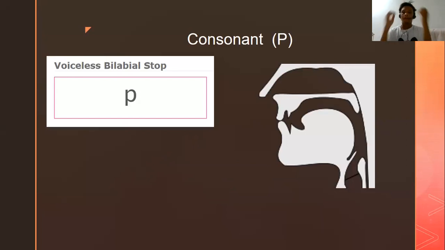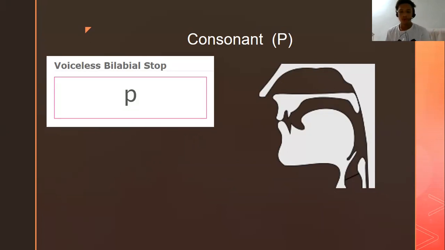The consonant P. For the place of articulation, you have to put your lips together, and the pronunciation of the consonant will be great. P, P. It's voiceless.